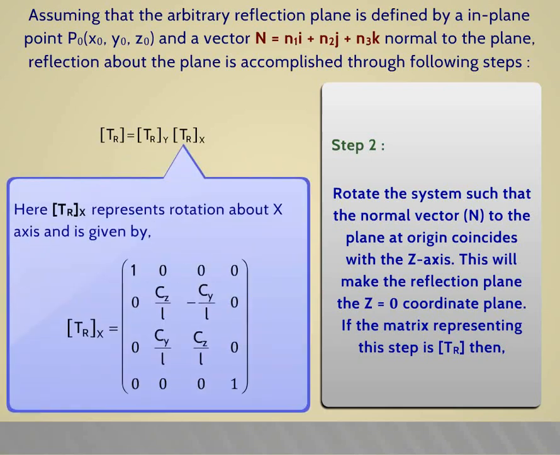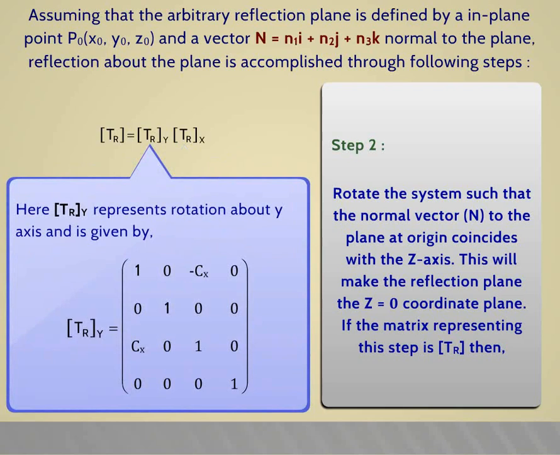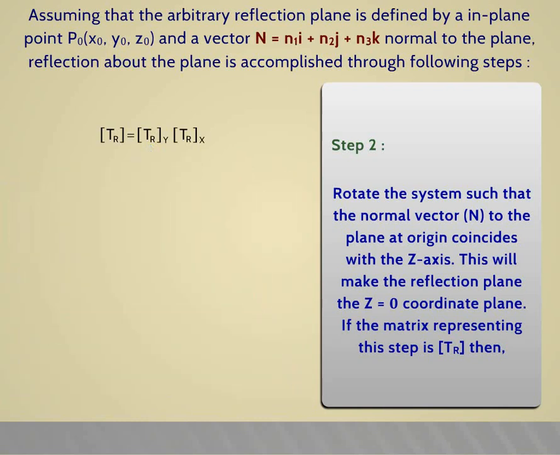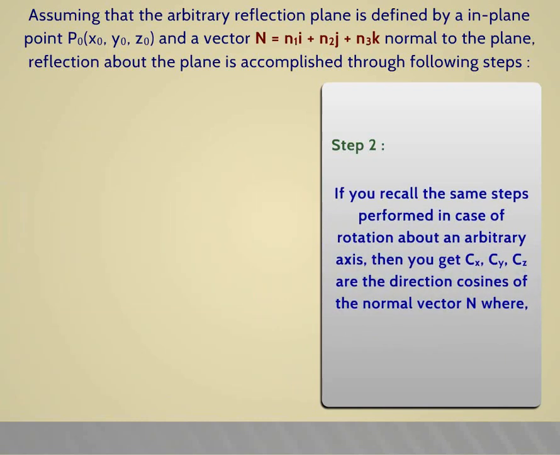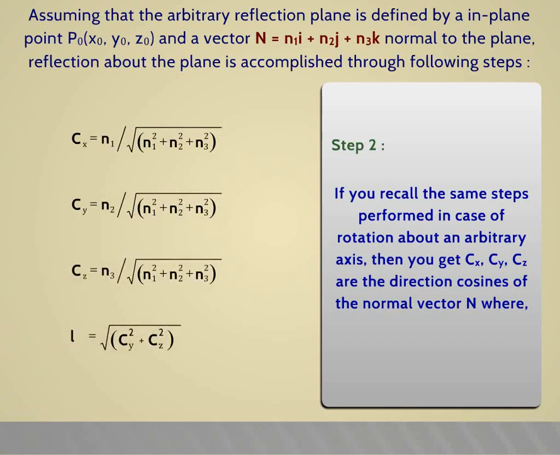Here, TRX represents rotation about x-axis and is given by, TRY represents rotation about y-axis and is given by, if you recall the same steps performed in case of rotation about an arbitrary axis, where Cx, Cy, Cz are the direction cosines of the normal vector n.